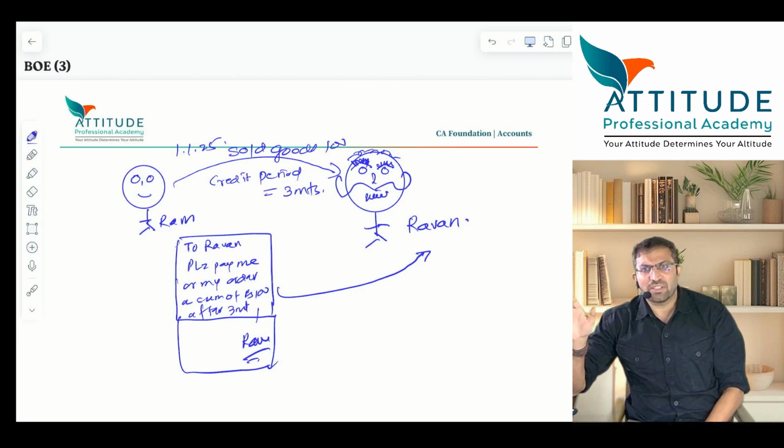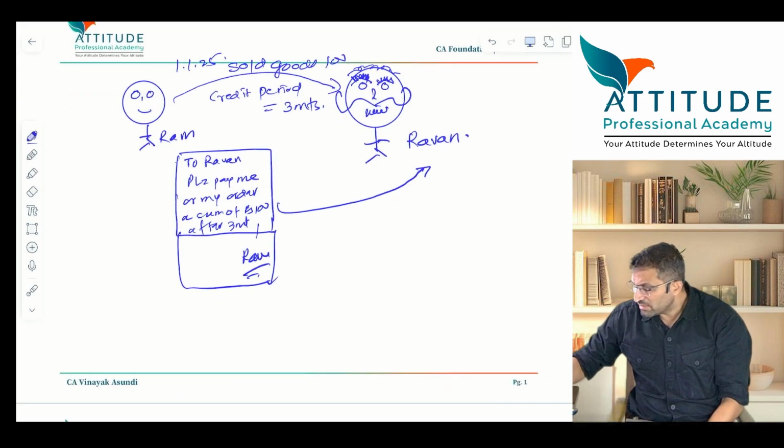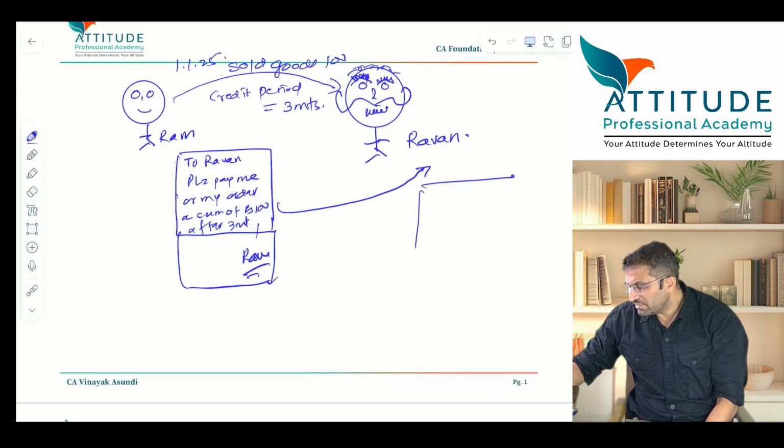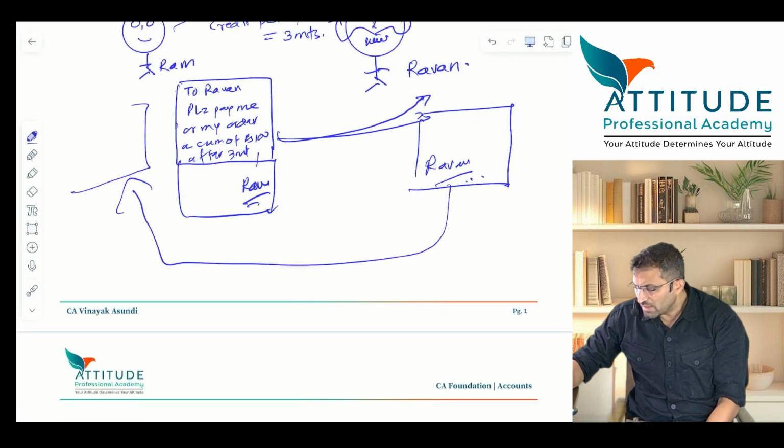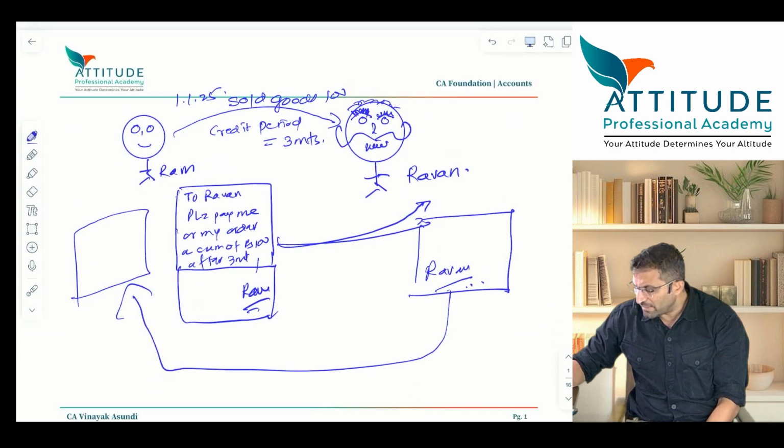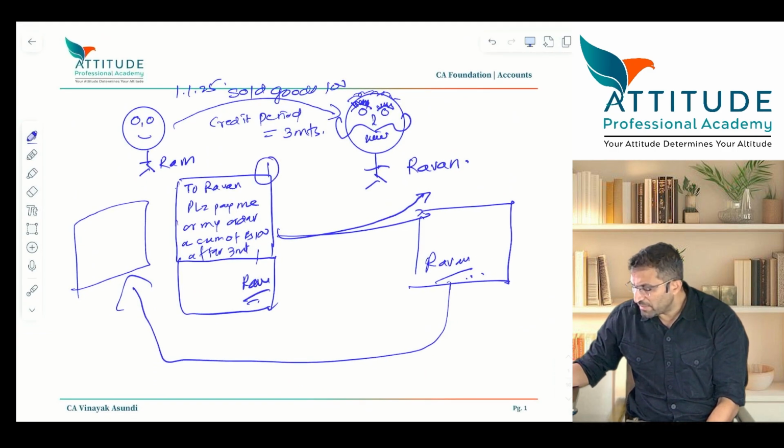Ram has written correctly only. Now what I do is, I say okay, fair enough. This bill comes near me. Ravan signs the bill and gives it back to whom? Ram. So step number 1, Ram draws the bill.